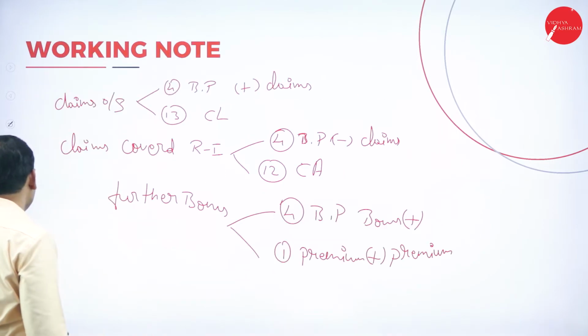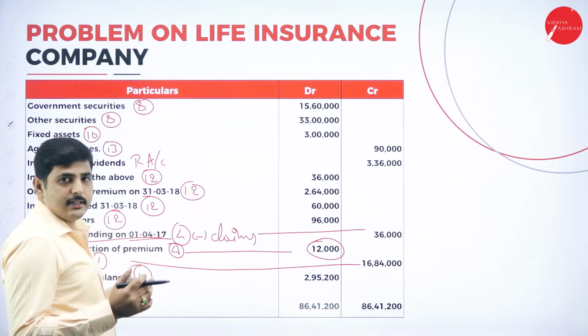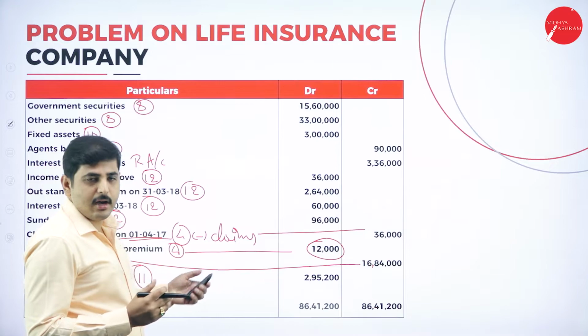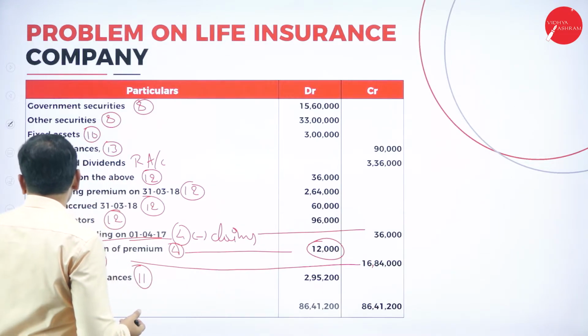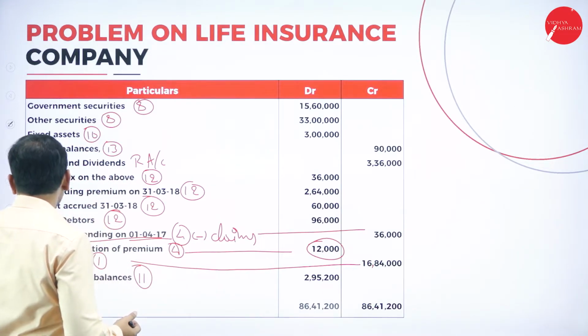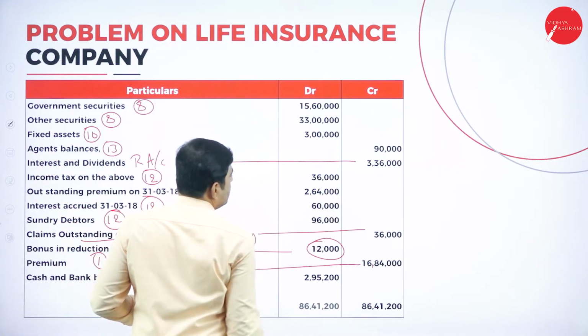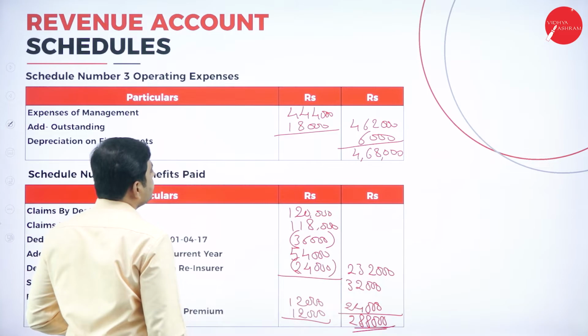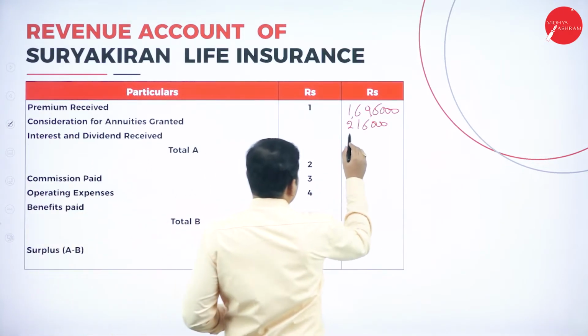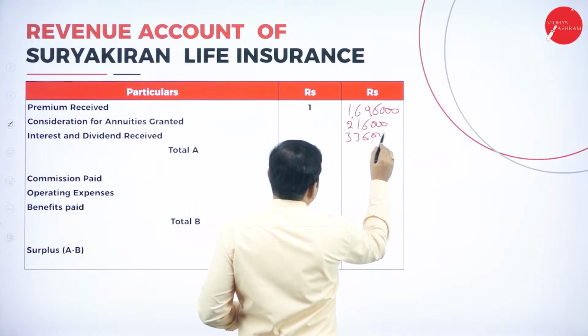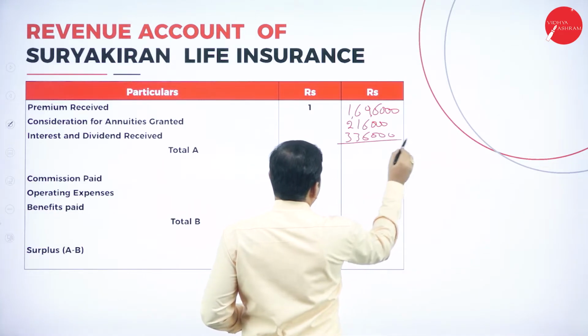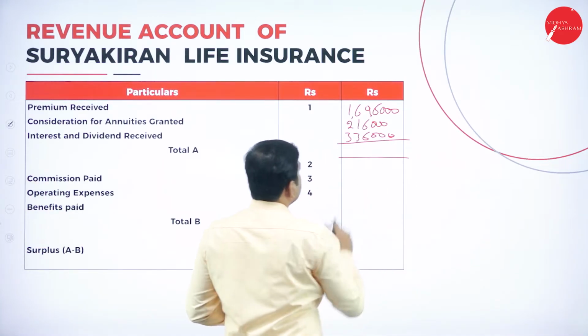That amount also we can add here. Either we can add it in the premium only, schedule number 1, otherwise we can add here also. So interest and dividend we are having 3,36,000.